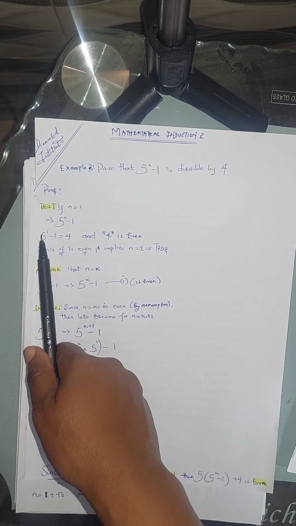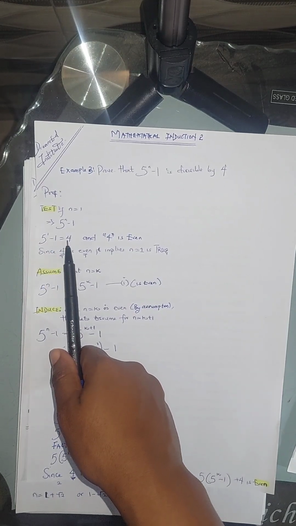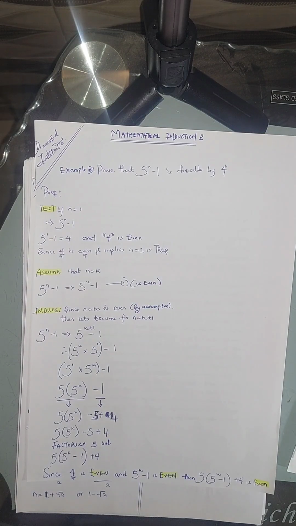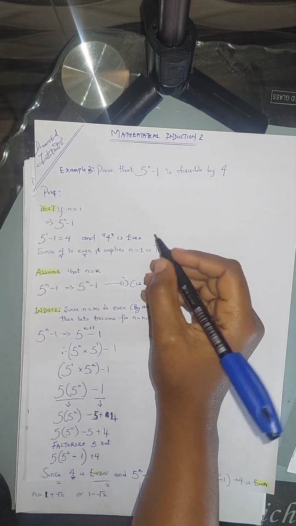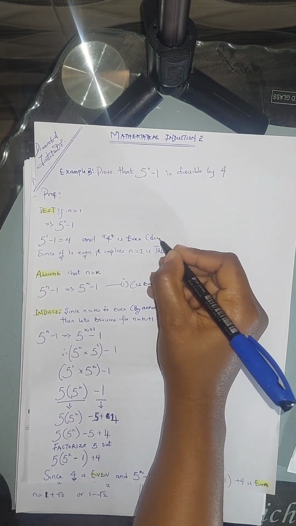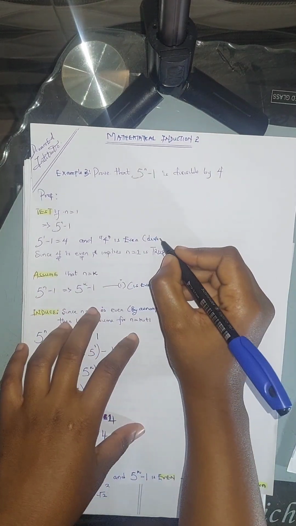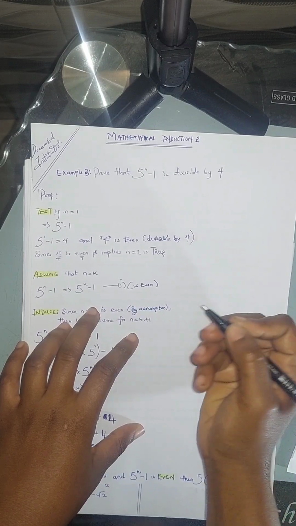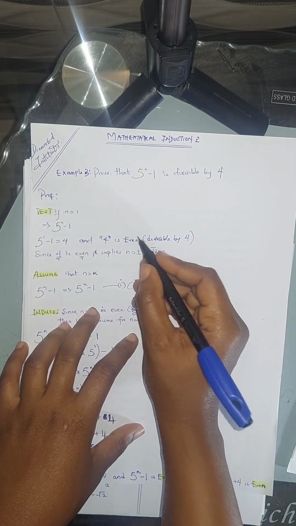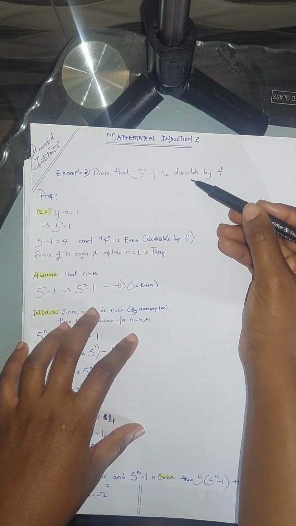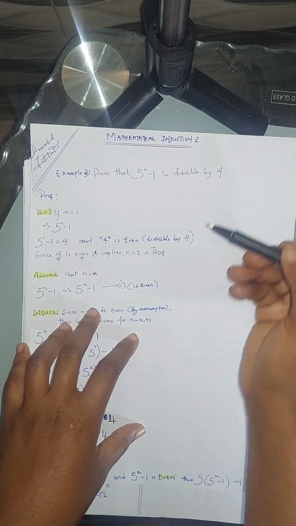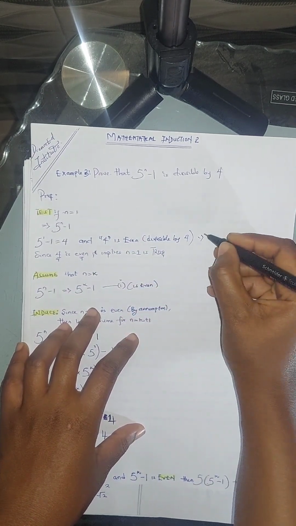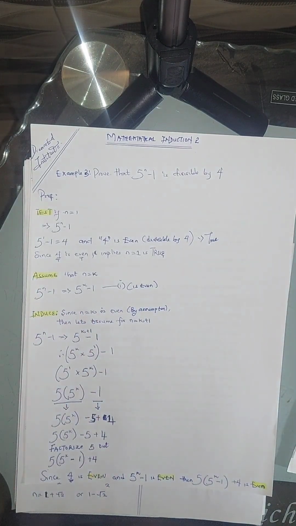That will give me 5 minus 1, which is 4. And 4 is divisible by 4, since our main proof here is divisible by 4. So since 4 is divisible by 4, it means this is true for n equals 1.